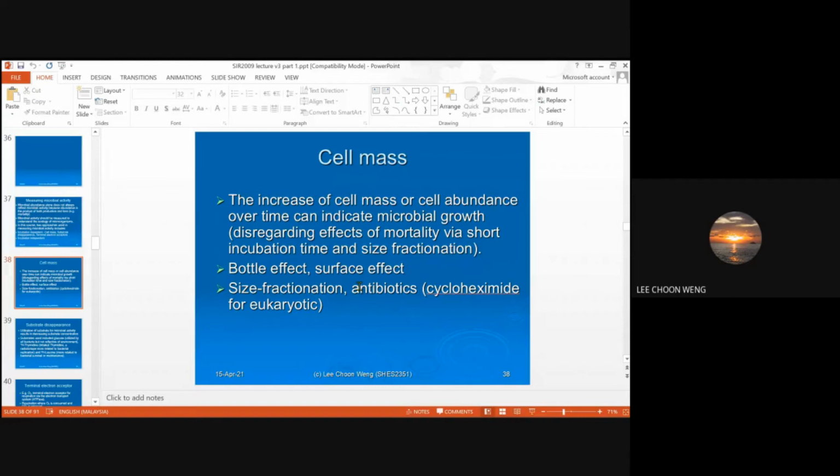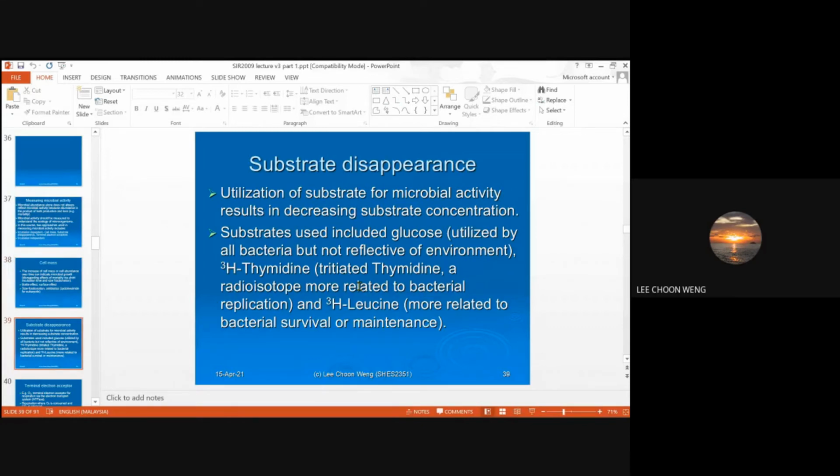So they have to find other approaches, and what they decided to do is to use radioisotopes to measure the bacterial activity.